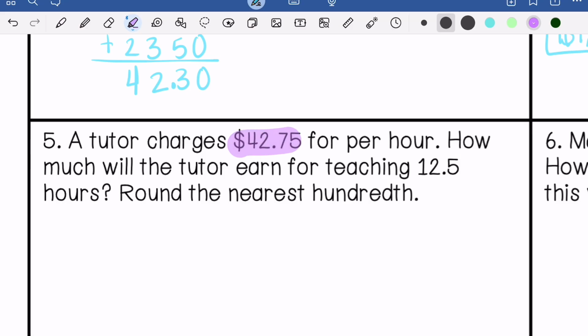Number 5, a tutor charges $42.75 per hour. How much will a tutor earn for teaching 12.5 hours?